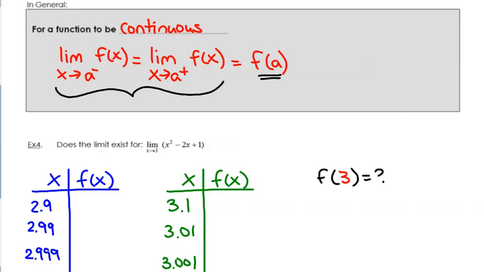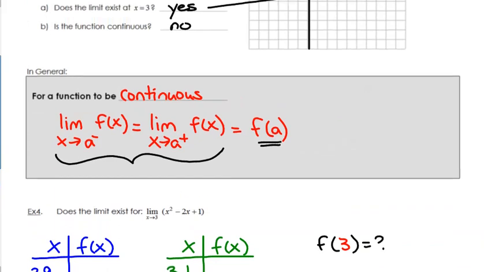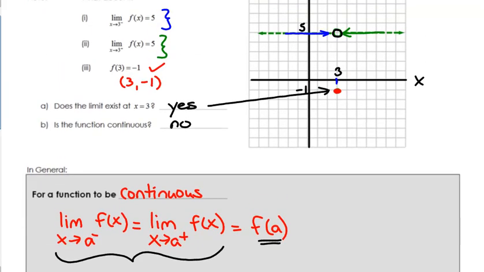Because if I go back up and move this dot and put it there, now all 3 of these match. That means I could take my pencil and go all the way straight across, and that would be continuous. Do you see what I mean?